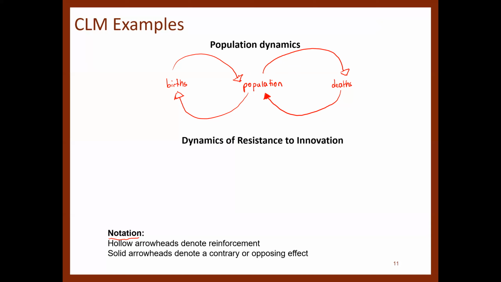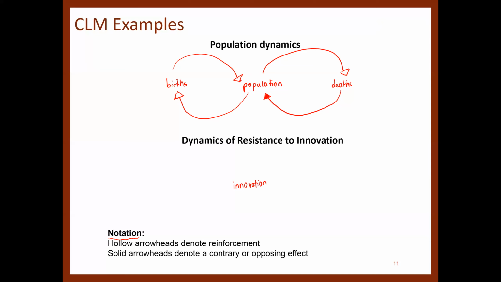So we are going to go through the same process. I'm going to list some variables that I believe are important for this problem, and in the center I will have the main topic, which is innovation.